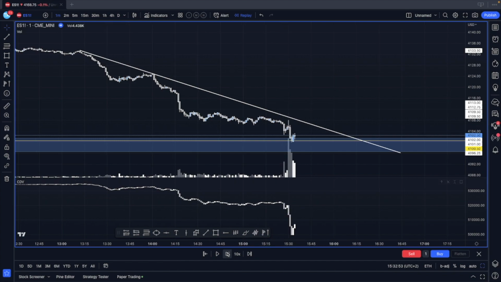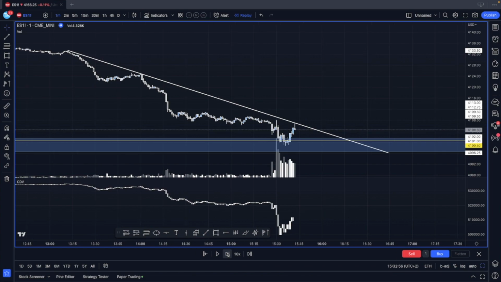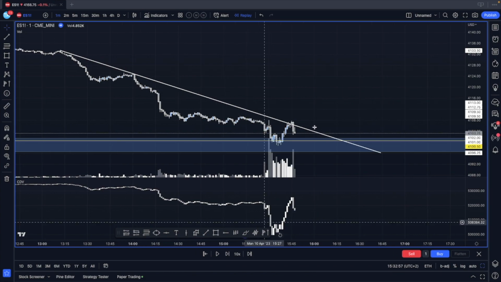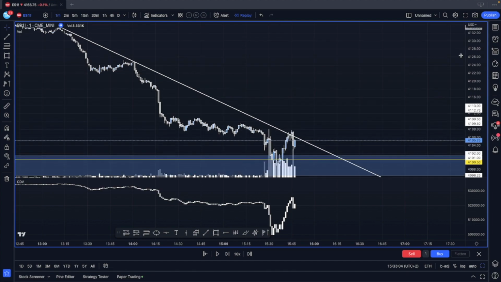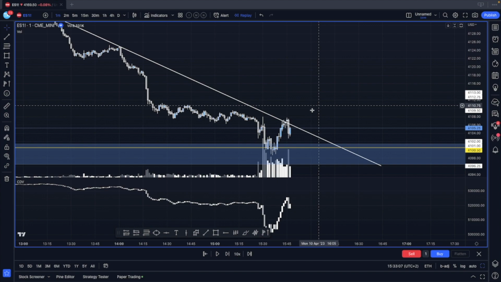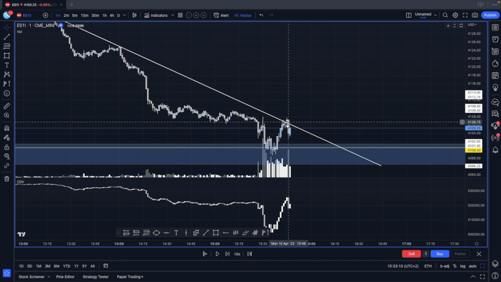Okay, I mean, it must be clear. Okay, must be clear. This is clear. To be honest, I want to see a clear effort. Okay, this could be good because it closed above the trend line.